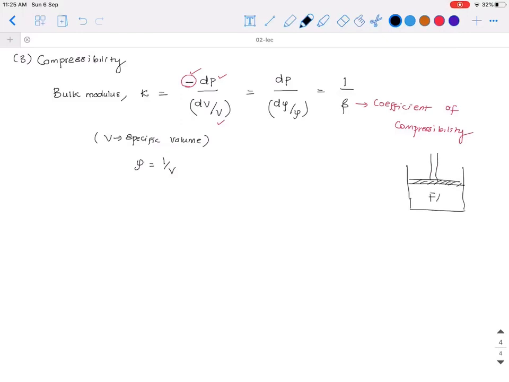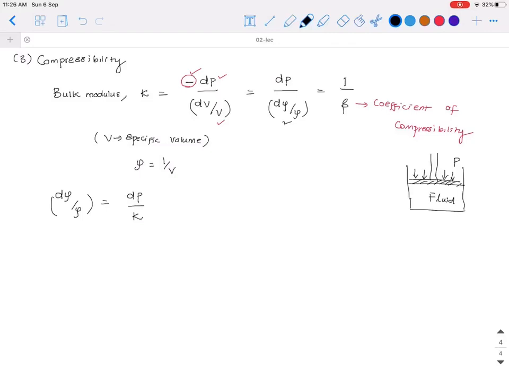You fill the fluid here, and this is subjected to pressure force P. The amount of pressure force you need to supply to the piston to produce a unit change in density is what is quantified by the bulk modulus. Is it clear? So now d rho by rho can be written as dP by K.